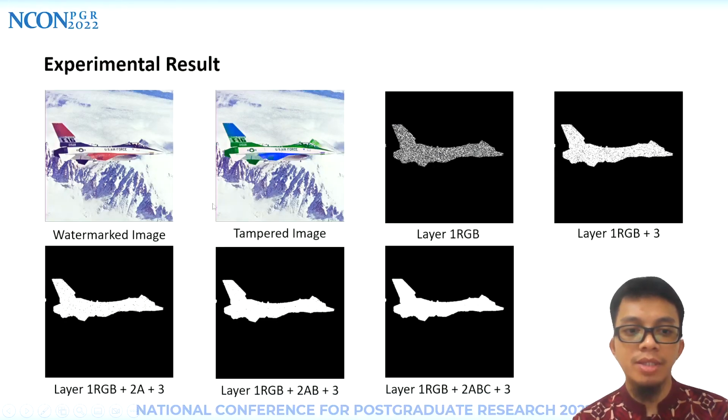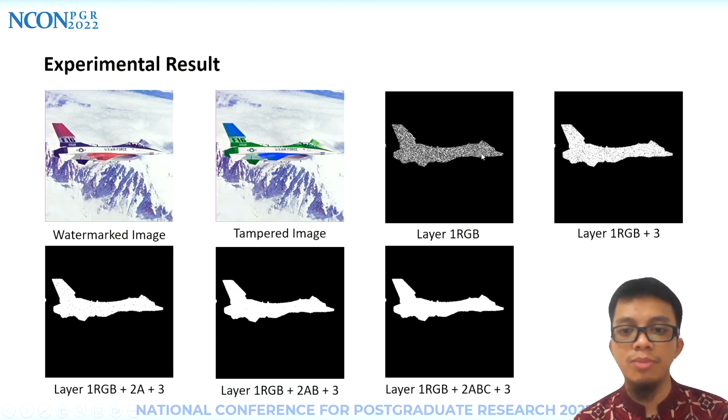The next step is watermark extraction and tamper localization. In this image, I show you the watermark image and the tampered image. In the tampered image, we replace the airplane image with this one. And then we find which region of the image has been tampered. At first layer authentication, we can find this one.